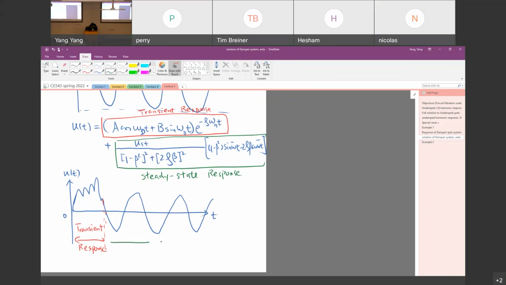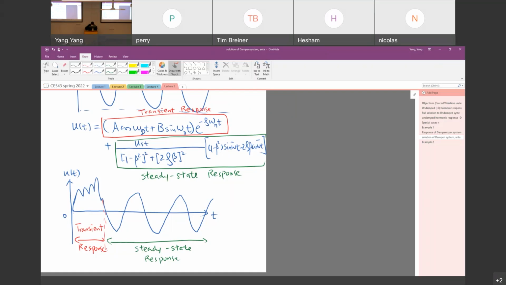Somewhere after a specific time, we have a steady state. Steady state means that the shape of the response curve is pretty much a sine wave. Any questions up to here?